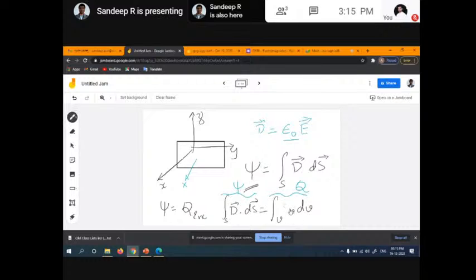Using that, I can write that the surface integral of D dot dS is equal to the volume integral of the divergence of D. So this is the total outward flux of a vector through a closed surface, and it is the same as the volume integral of the divergence of D. That is what it is trying to tell.